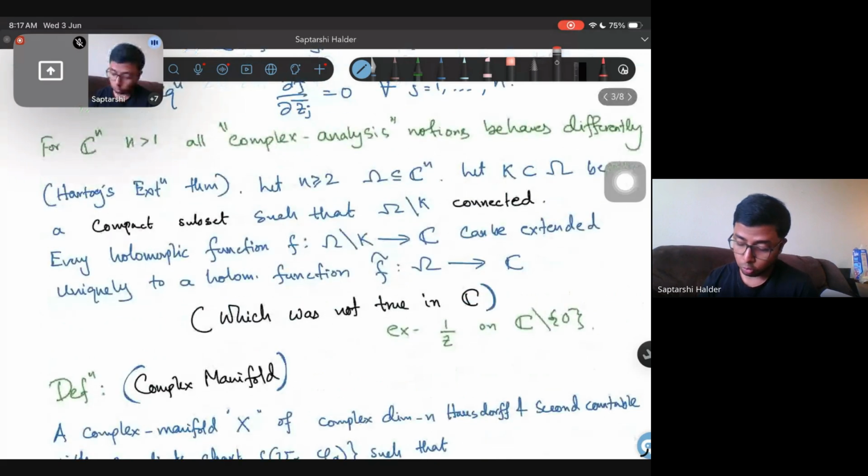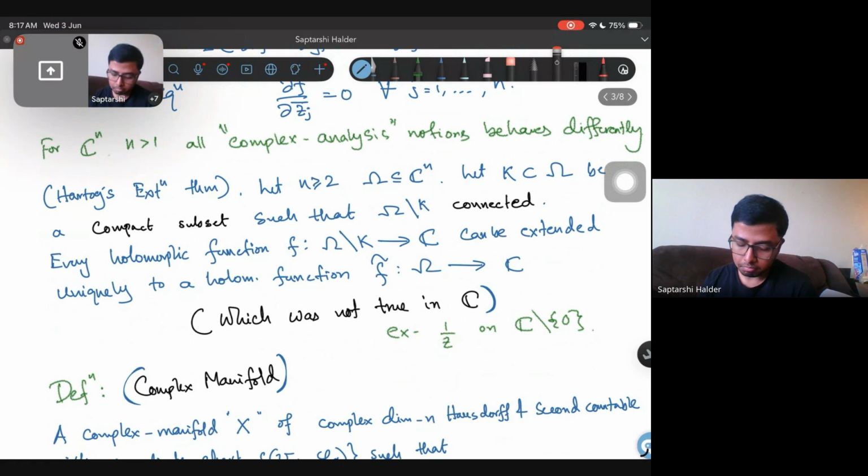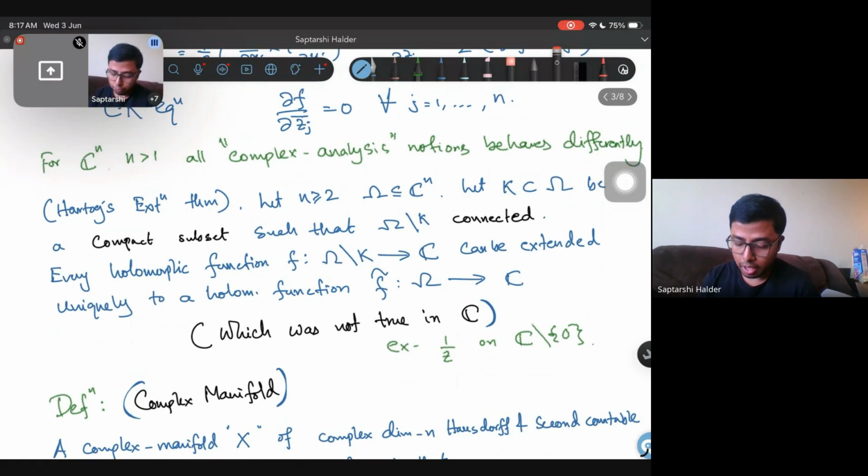So what does the Hartogs extension theorem say? If you have n greater than or equal to 2, and Omega an open subset of Cn, and K is also a subset of Omega, and it's a compact subset.